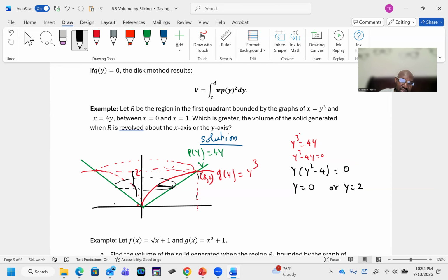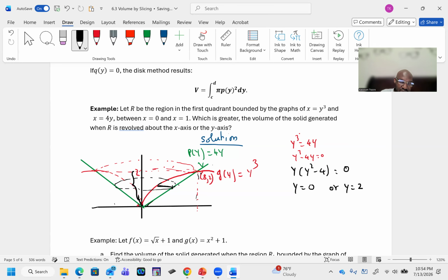So from 0 to 2. And the outer radius of the cross section at the point y is determined by x is equal to p(y). So you see, this is the outer, right? The green line, that's out. So that's the outer one.